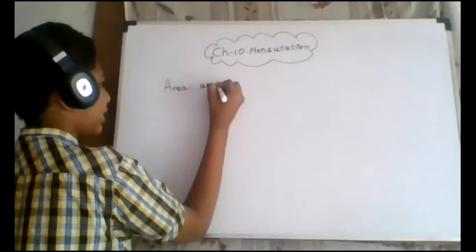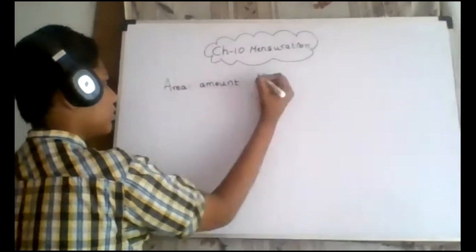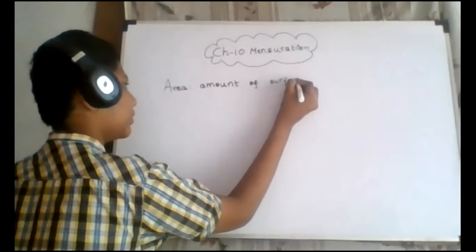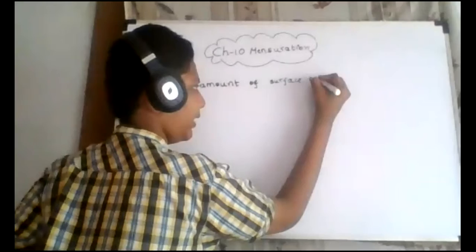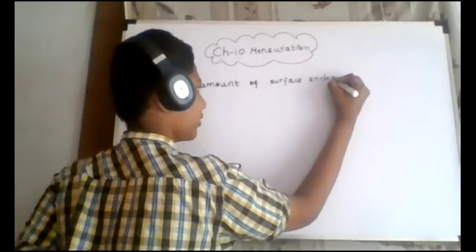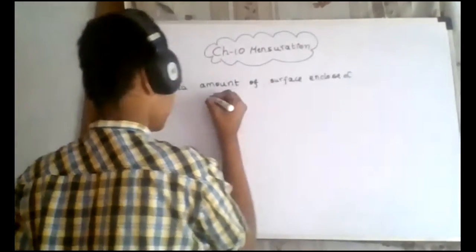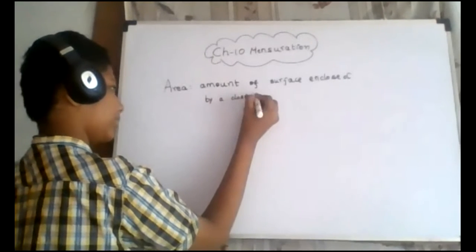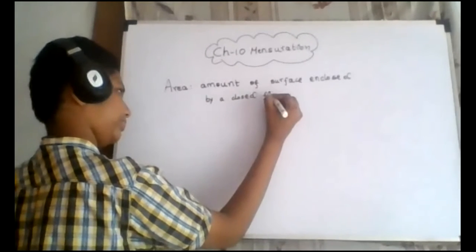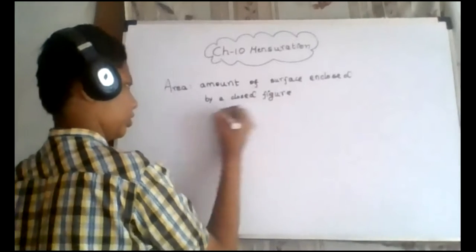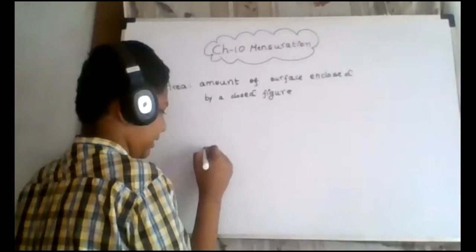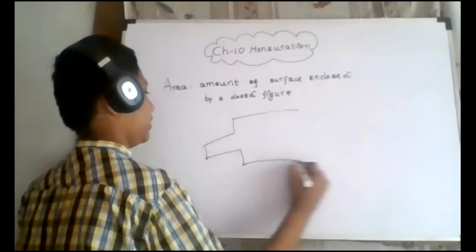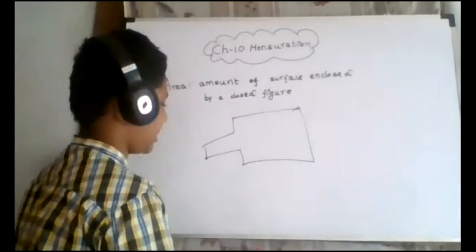The amount of surface enclosed by a closed figure. Now we have a park, or a school in the shape of this.